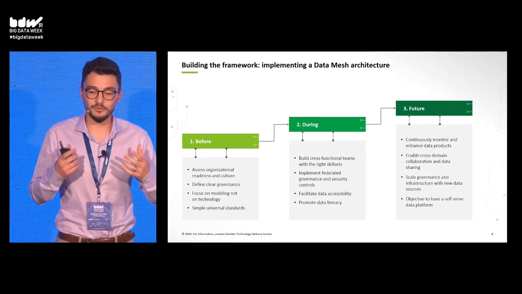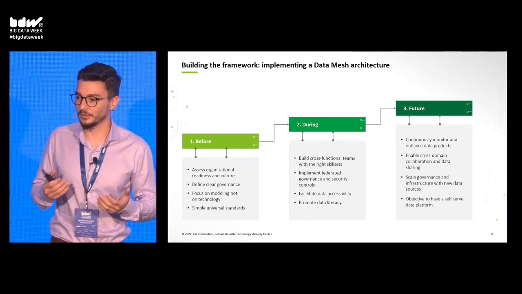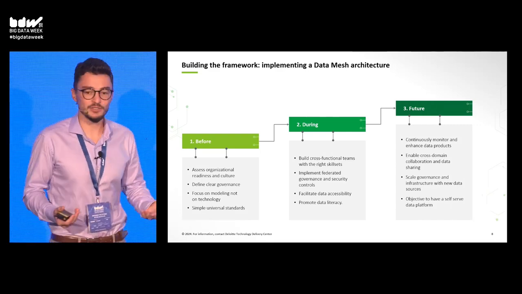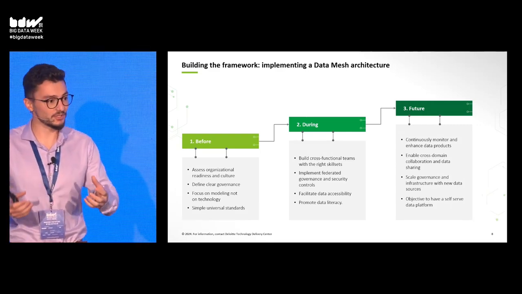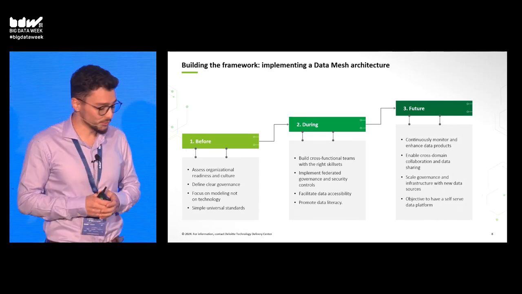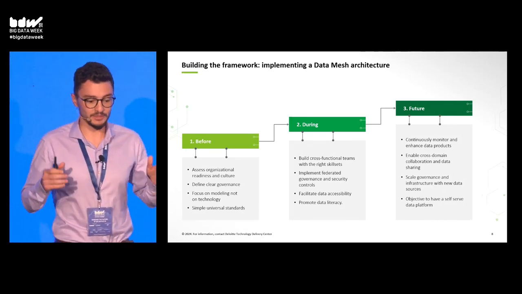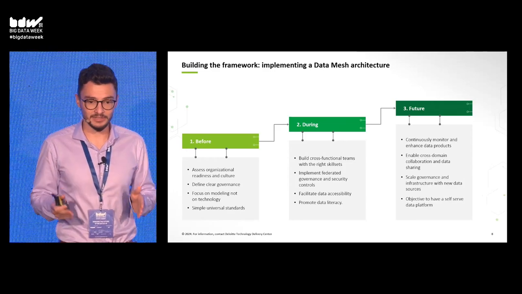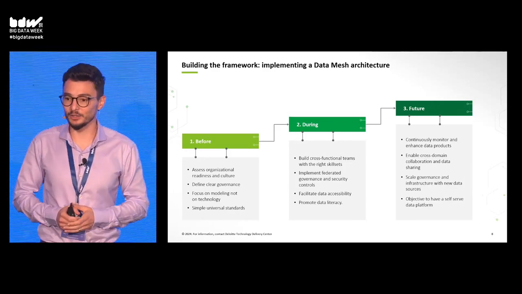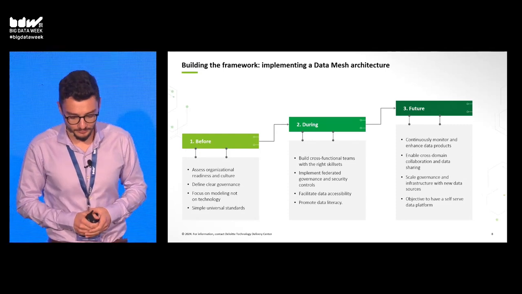Also, we need to foster this environment of collaboration in our teams so that they can exchange information between the different owners of data products. And also, what is very important, to define clear governance with universal standards that can be applied across all domains.